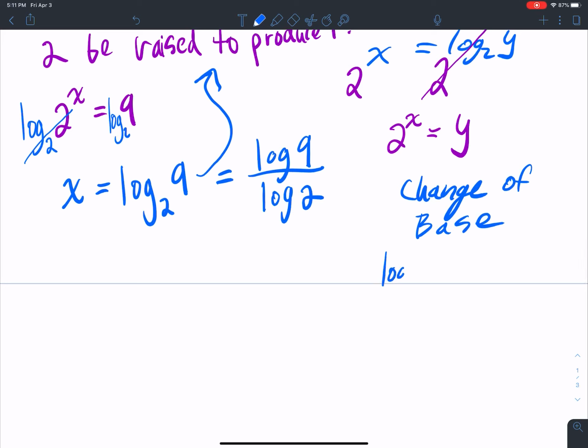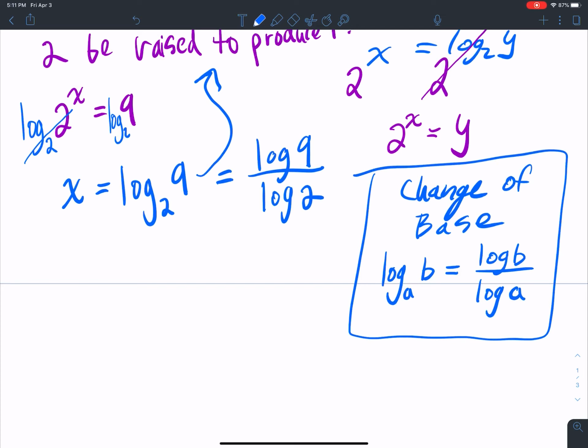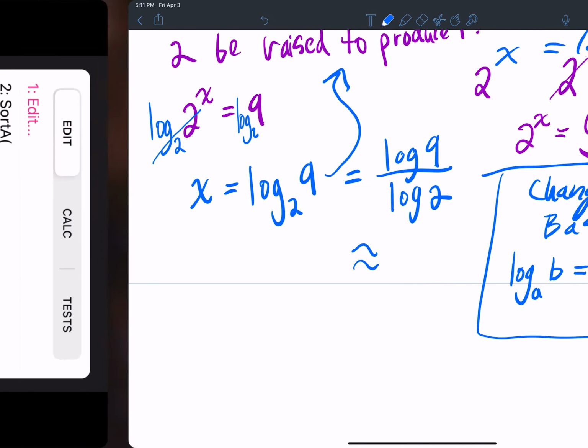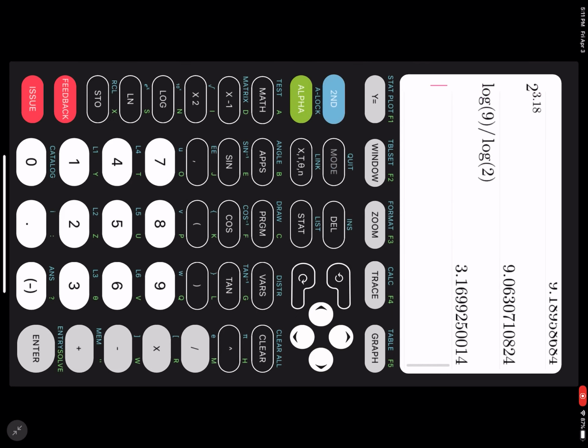So the change of base formula is log base A of B equals log B over log A. That's the change of base formula. So you can type this in your calculator to get a decimal approximation. So what did we say that was? Let me quit out of that. 3.167 maybe.